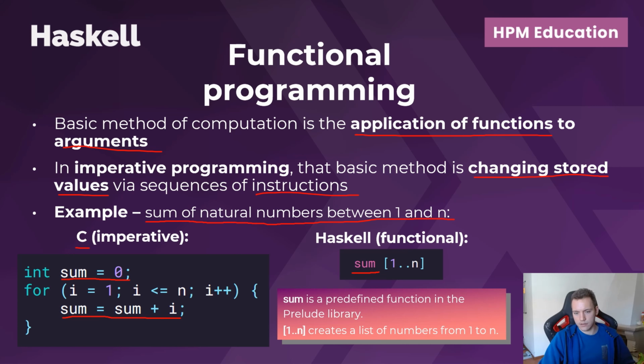Then this is a syntax that we haven't covered yet, but it's a list, like an array of values, and this particular instance creates a list from 1 to the number n. So the first function of this program is basically create this list of all the numbers between 1 and n, then apply the function sum to that list, which will sum up all the values in the list.